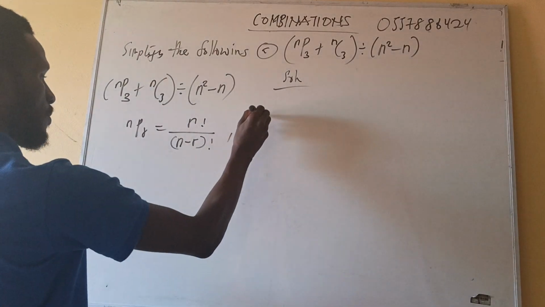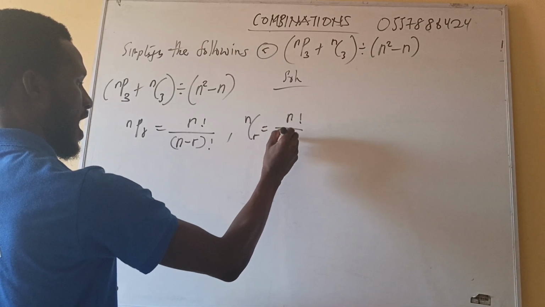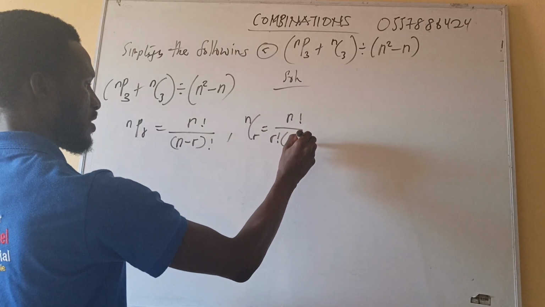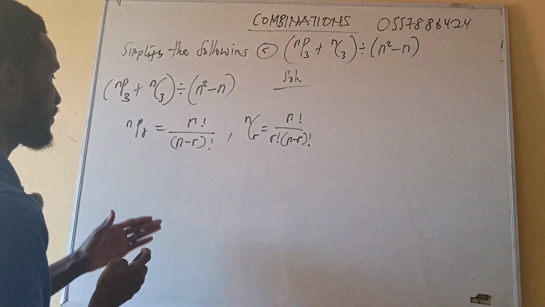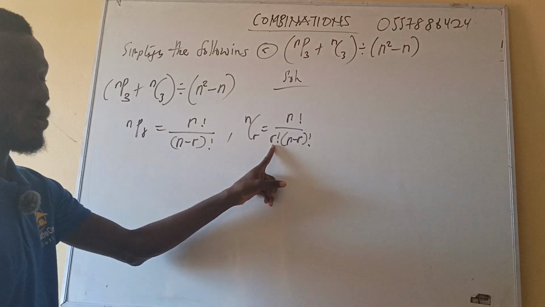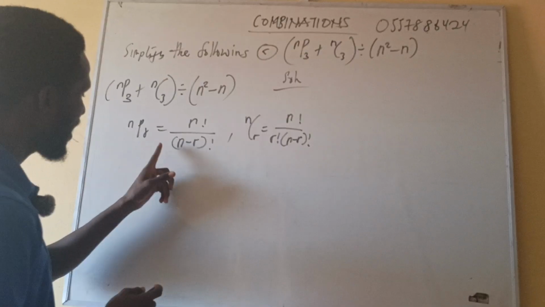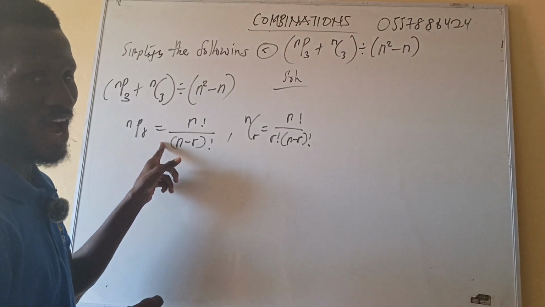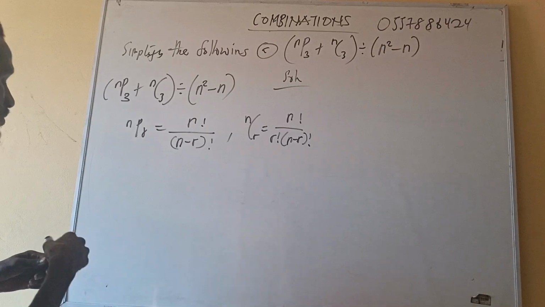And nCr is the same as n factorial divided by r factorial times n minus r factorial. So the only difference is that combination has the extra r factorial in the denominator, while permutation does not. Now, let's move on.